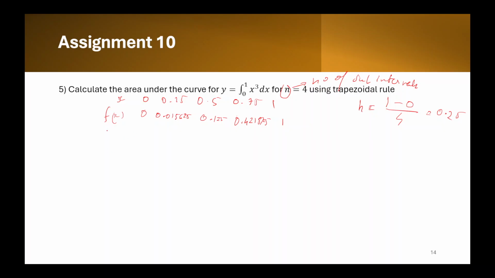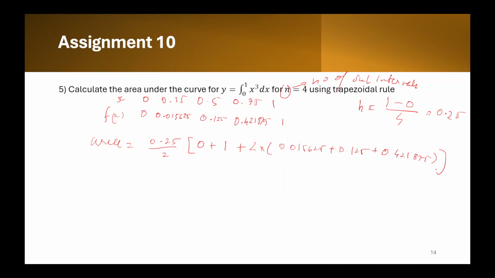So we need to compute using the trapezoidal rule. So again, the area will be h by 2. So h is again 0.25 by 2 into f1 is 0 plus the final f, in this case f5, is 1, then twice into 0.015625 plus 0.125 plus 0.421875.